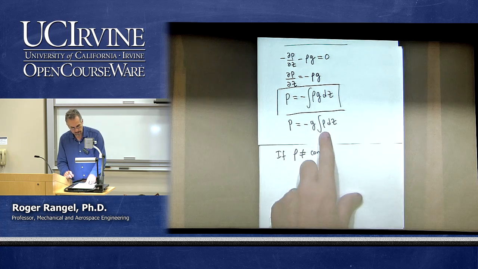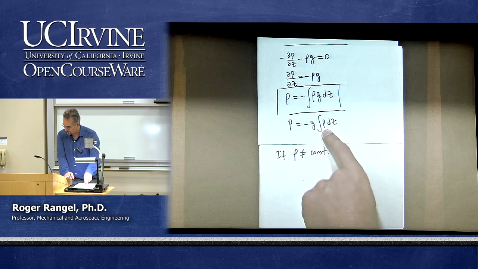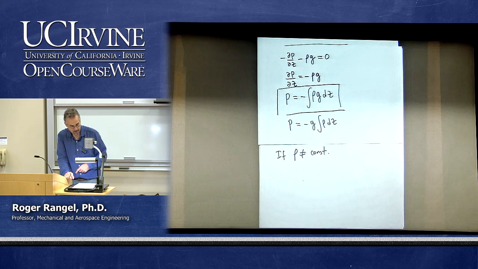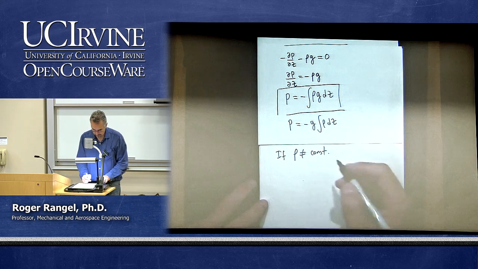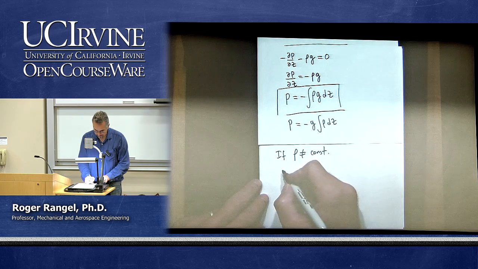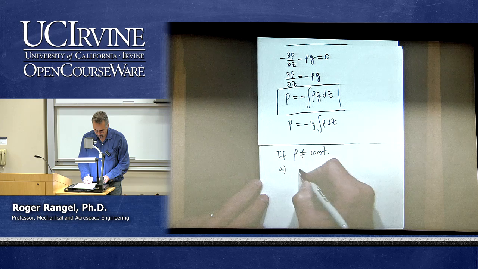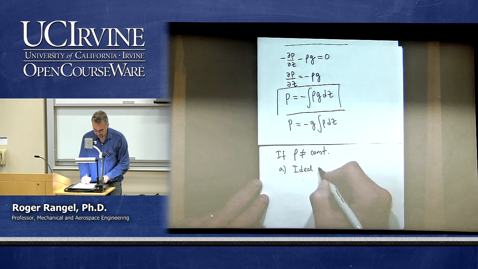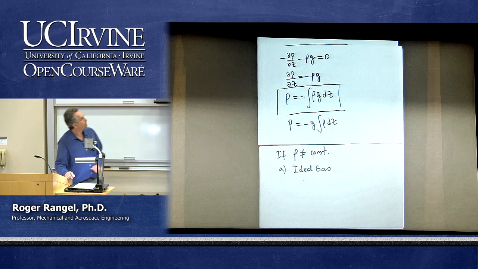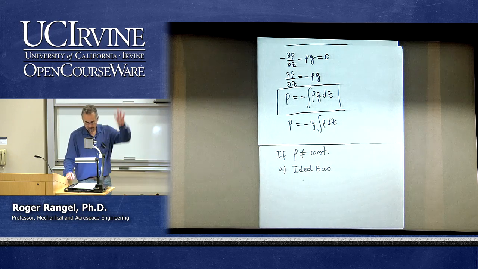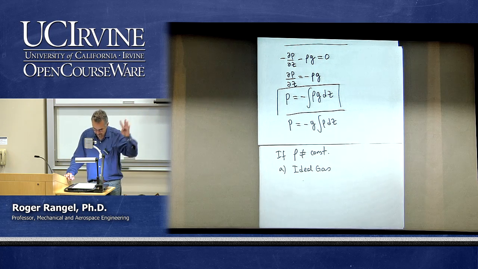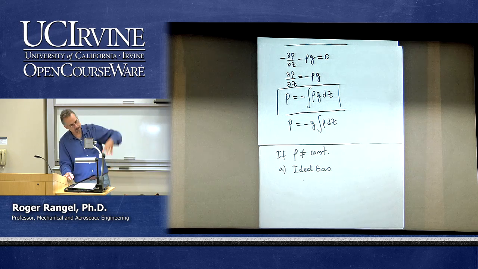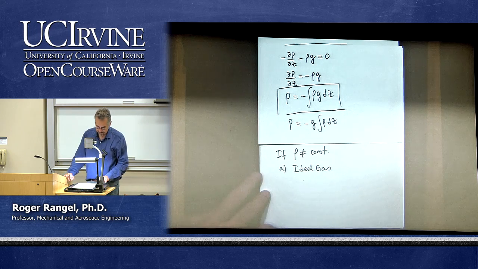And the only way we can solve the problem is if we know, for example, how the density varies with something else. So one case is to say, well, let's say that we're dealing with something that can be treated like an ideal gas. Say, for example, we're interested in knowing the pressure variation in the atmosphere. This is air. We can treat the air as an ideal gas.